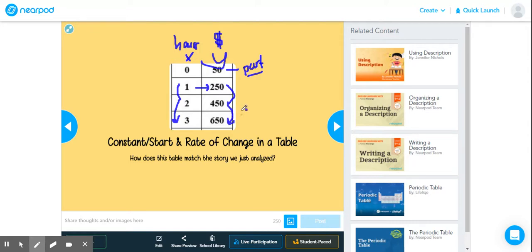From 250 to 450, that is plus 200, and from 450 to 650, that's plus 200. Every time I go up another hour of work, I go up another $200 in my cost. But that $50 always remains as the starting price, because I have to have the part to fix the car in the first place.